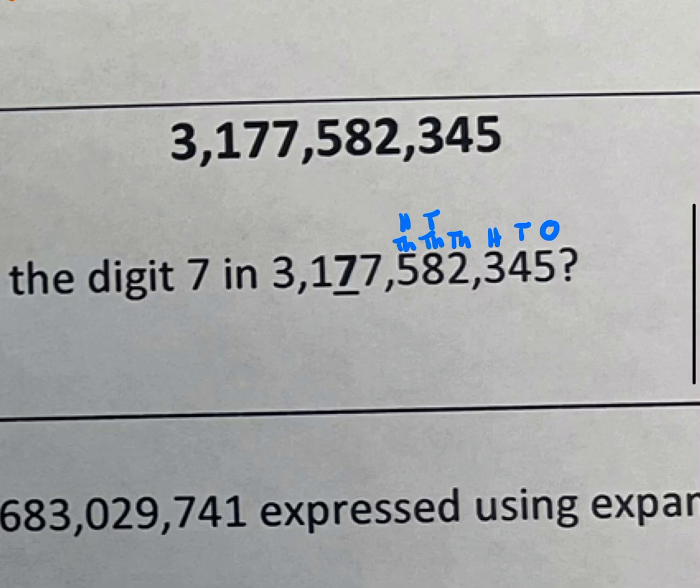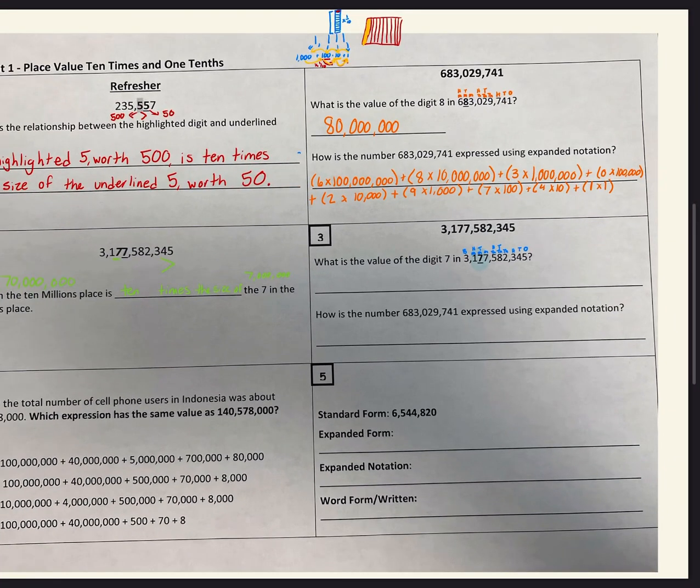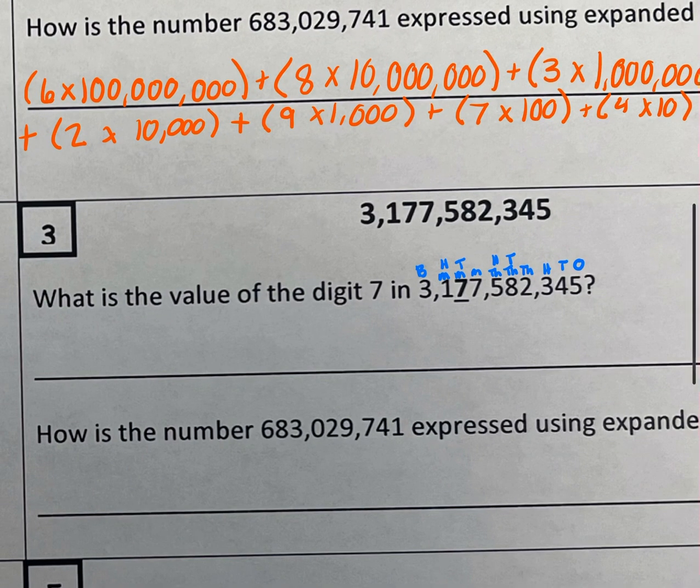Then we are now in our millions, 10 million, 100 million, and then we go to our billion. The one that I'm focused on is this 7, right next to that 10 million. Now I have to think, what is the value of that digit? It's in my 10 millions place. So it's not just worth a 7, but it's in that 10 million spot, meaning that that 7 is worth 70 million. So I would write that out.